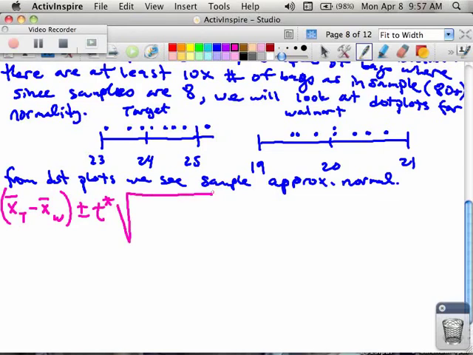So this is the standard deviation for Target squared over n from Target plus the standard deviation from Walmart squared over the sample size from Walmart. So this you'll recognize, like without the Walmart stuff in there, it looks just like our one sample. So the difference means you're subtracting the means, and then you add in the other standard deviation stuff.